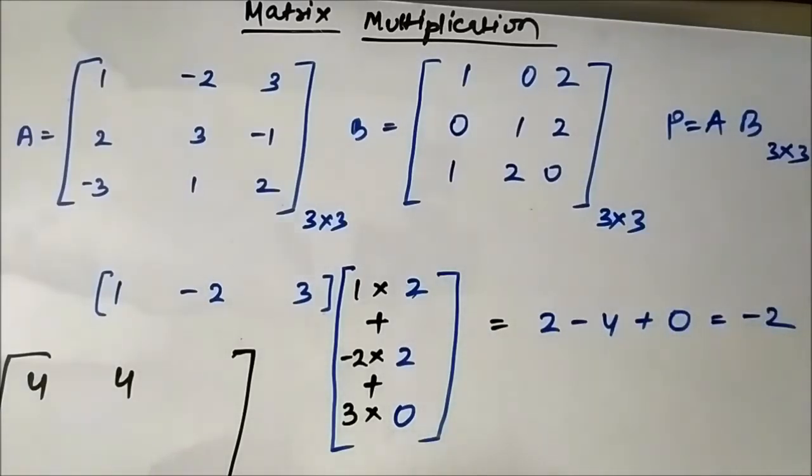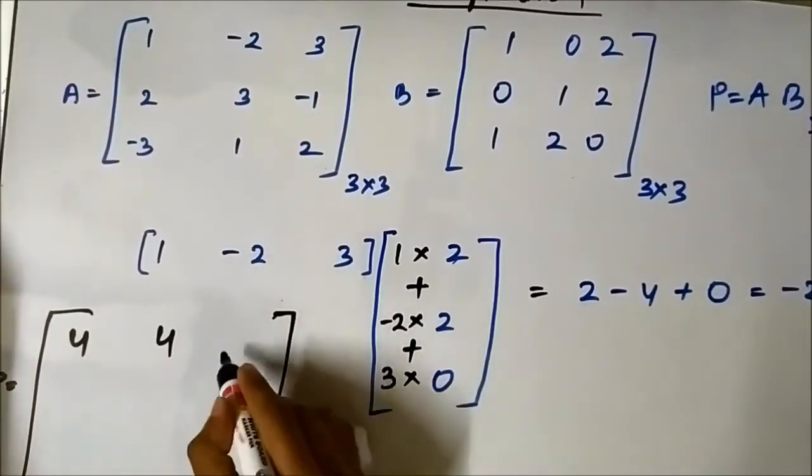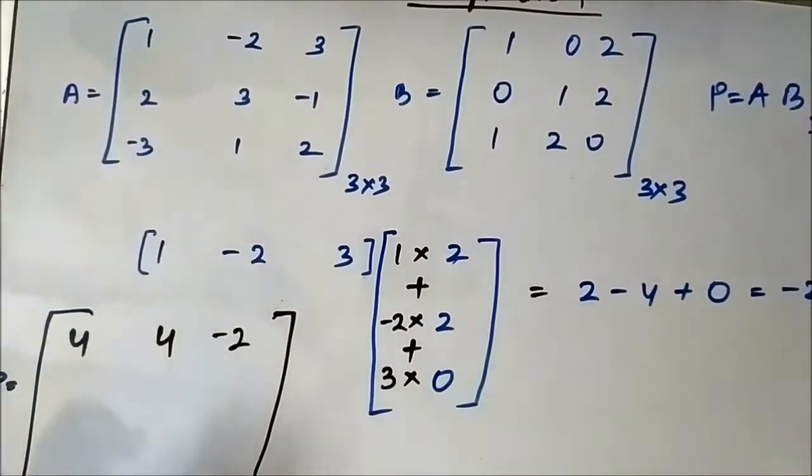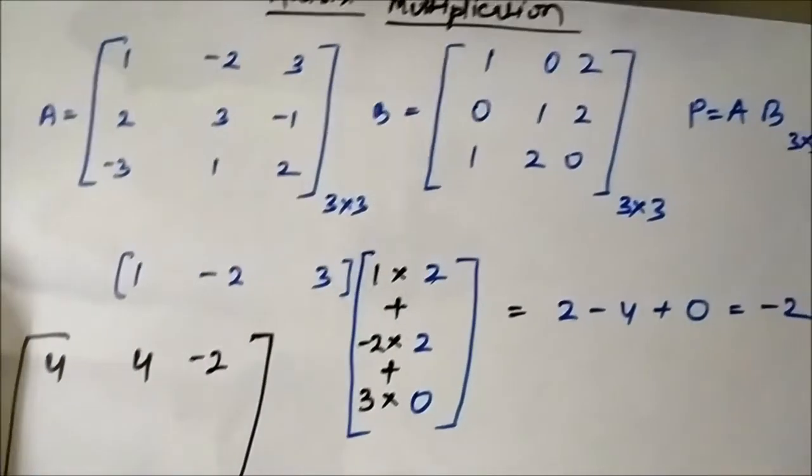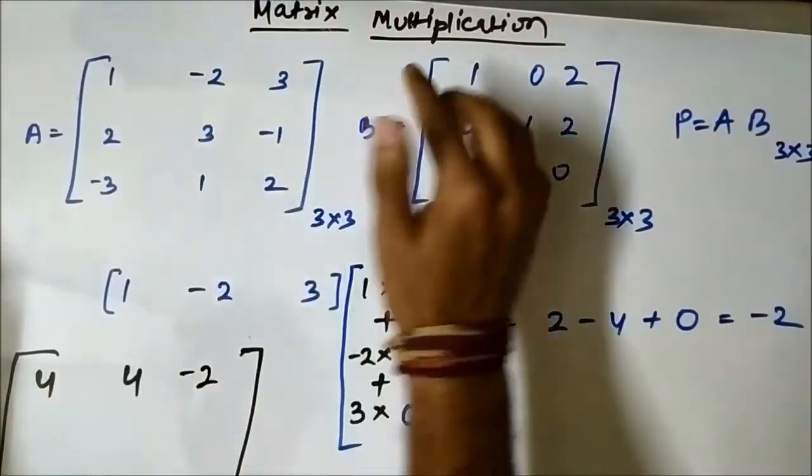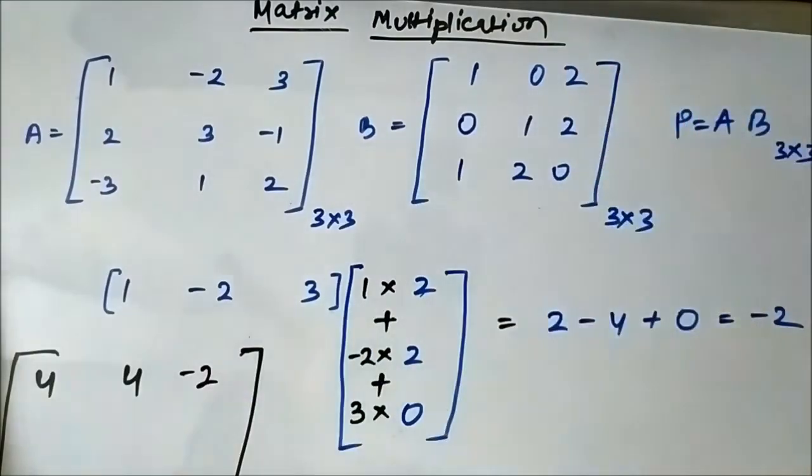So this gives us the third element of the first row, which is minus 2. Now the first row operation is over. The first row has been multiplied with each of the 3 columns of the second matrix.